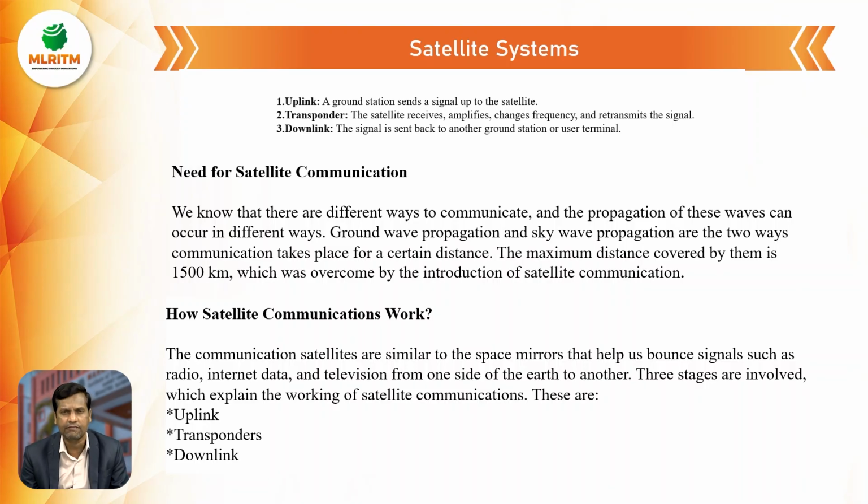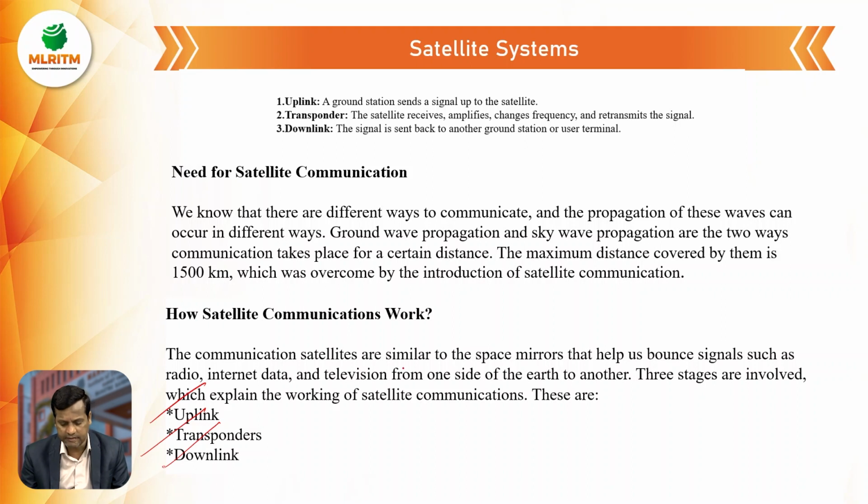This is the need for satellite communication. Satellite communication works with uplink, transponder, and downlink, as we discussed earlier: how it transmits the signals, how the satellite amplifies them, and how it sends them back to another ground station.